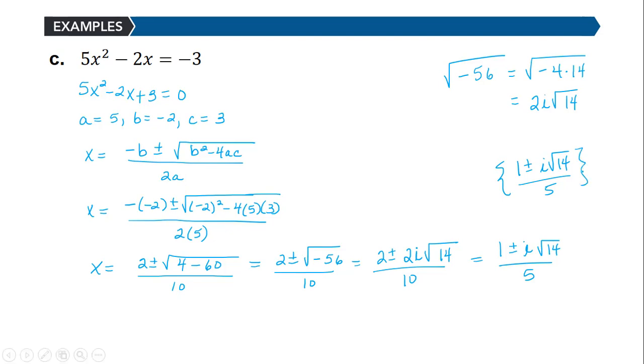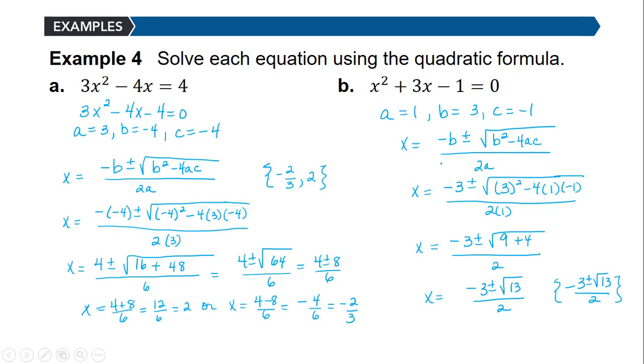Now notice that in this case we had two imaginary solutions, and that was because the number inside the radical was negative. In the two previous examples, notice that in example A we actually have 2 rational solutions. Rational means that the number can be written as a quotient of 2 integers.